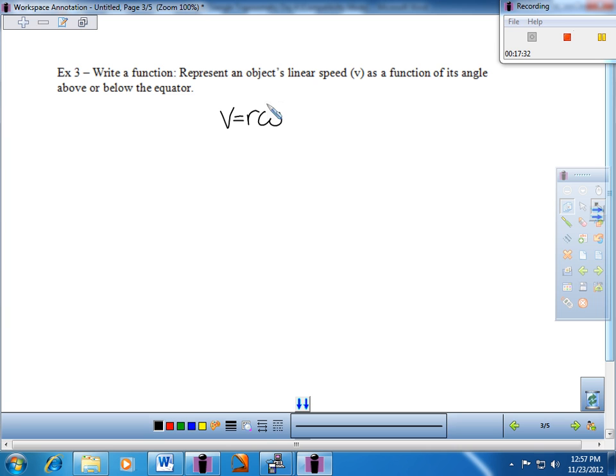That's not a big deal. As a matter of fact, maybe even off to the side here, I'm going to write W equals pi over 12 radians per hour. That's constant for everybody. Now, here's what I need you to think about. How can I come up with the radius for anybody depending on the latitude? So think about it for a moment, and then all you have to do is look back to the previous one.